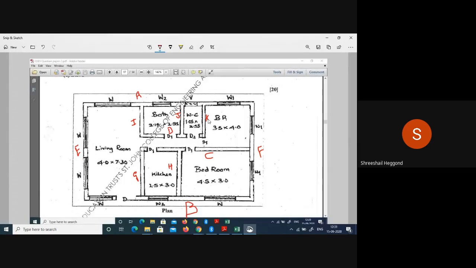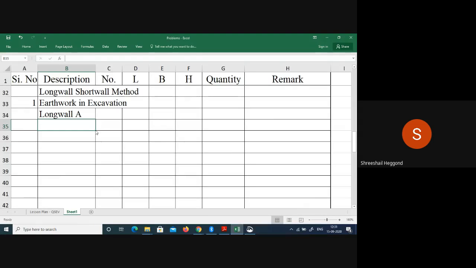Total of 10 walls. Naming is clear for everyone.